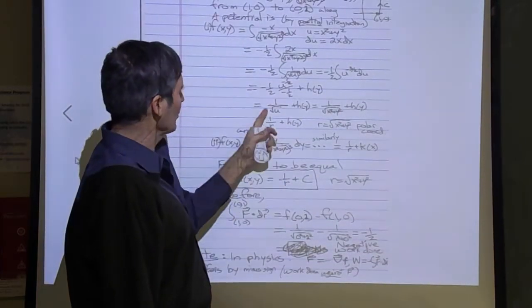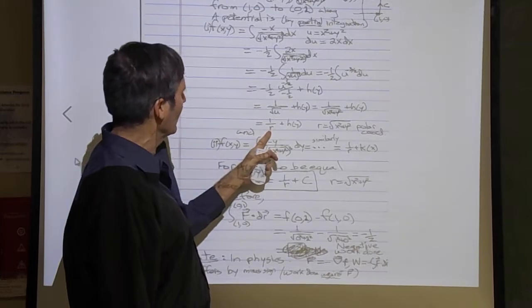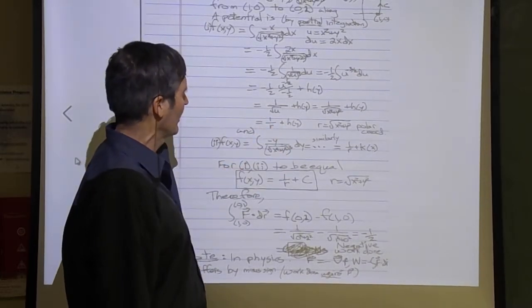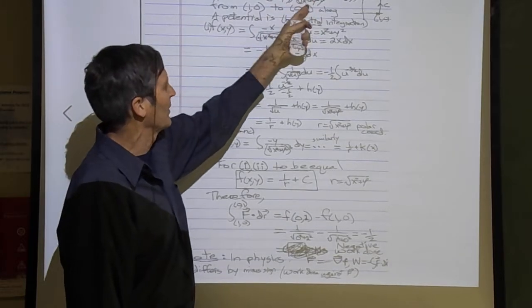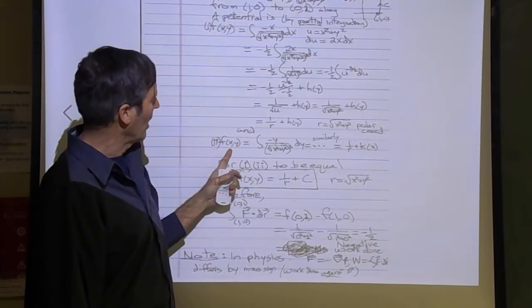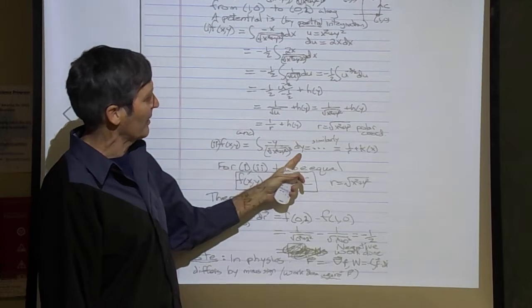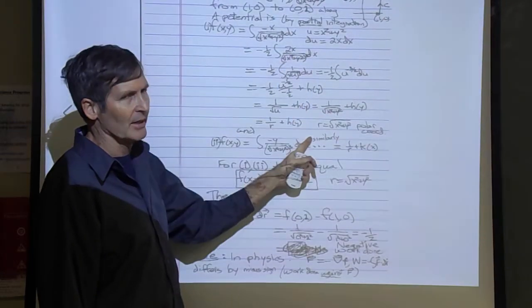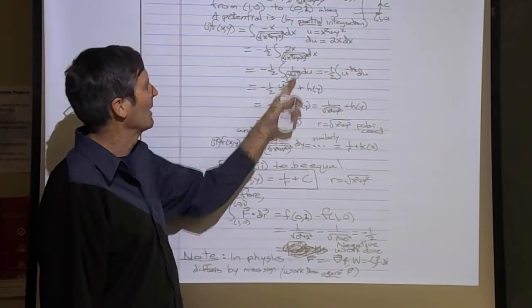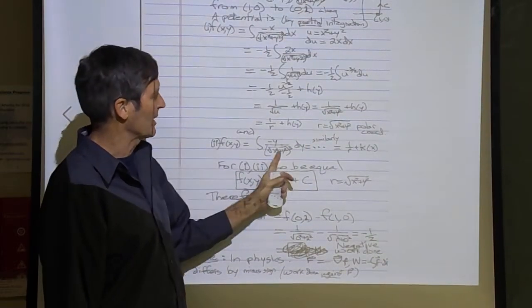And if I write square root of u as r, then this is 1 over r plus an arbitrary function of y. Now similarly, this has to be the derivative of f with respect to y. So if I take its partial integral with respect to y, by completely analogous steps, just interchanging x and y, it's the same thing.